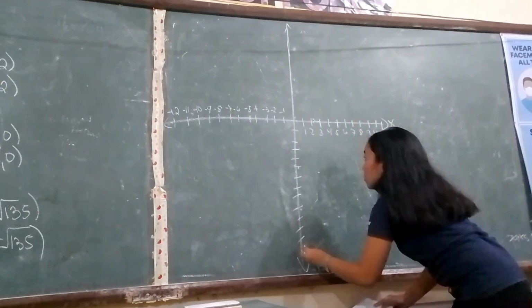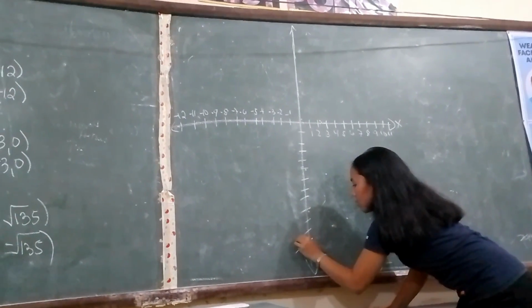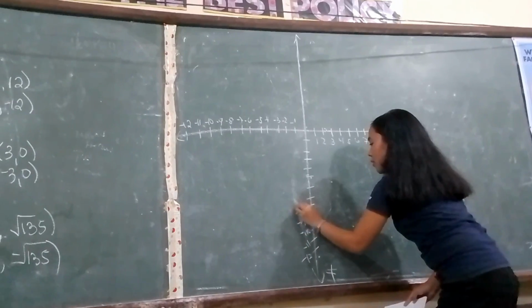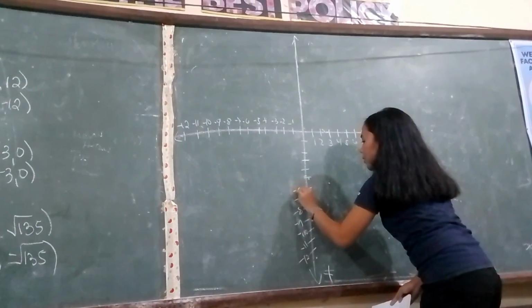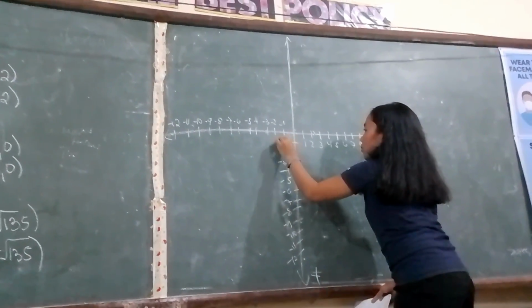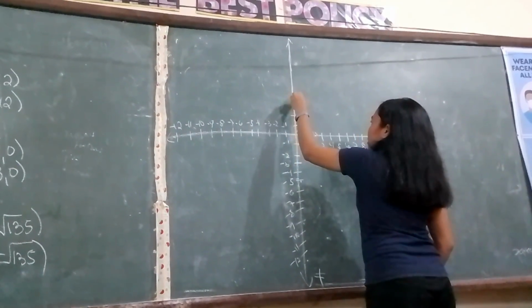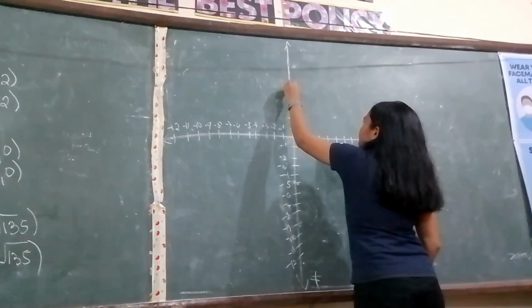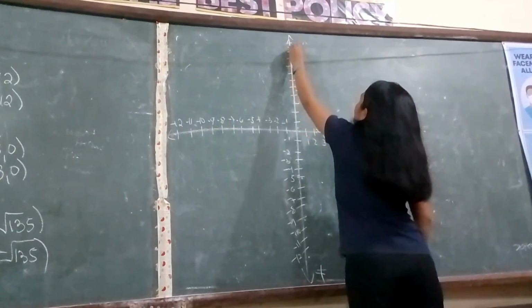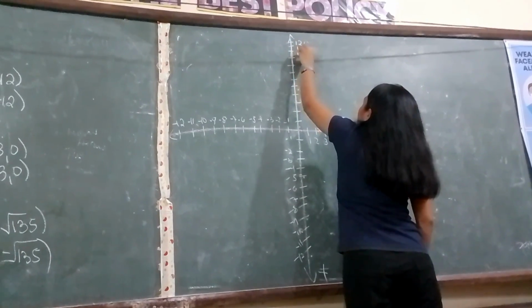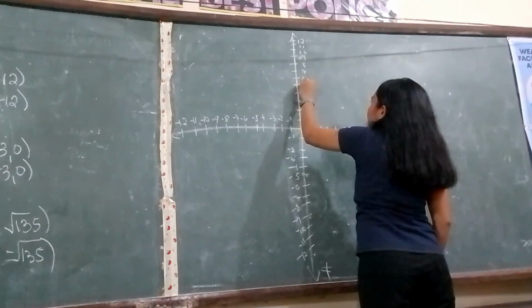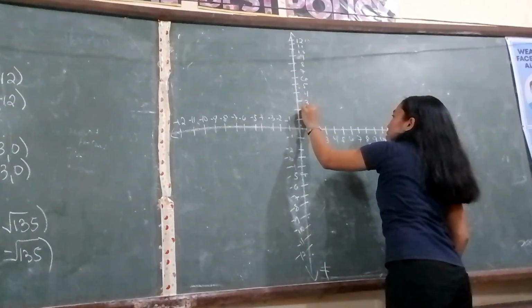So we have 12, 11, 10, 9, 8, 7, 6, 5, 4, 3, 2, and 1. We also have here 1 to 12. So we have 12 down to 1.